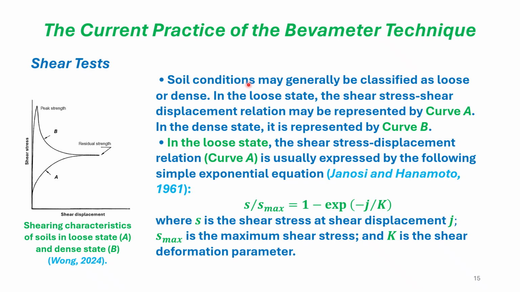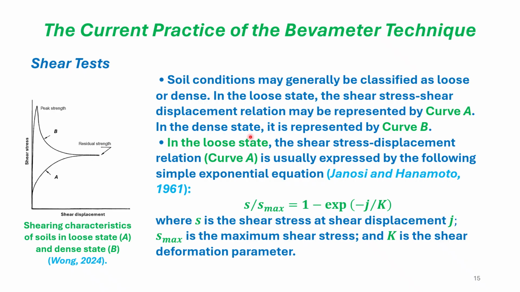Soil conditions may generally be classified as loose or dense. In the loose state, the shear stress-shear displacement relation may be represented by curve A. In this case, the shear stress increases exponentially and approaches a maximum value.